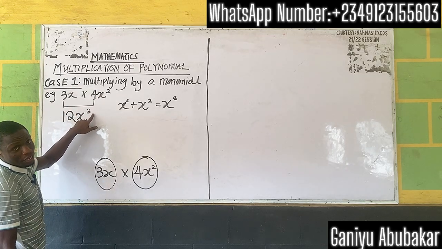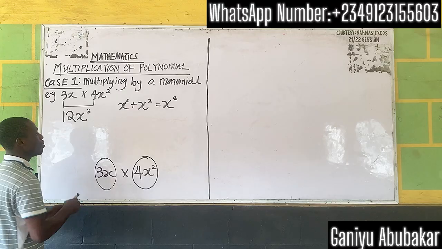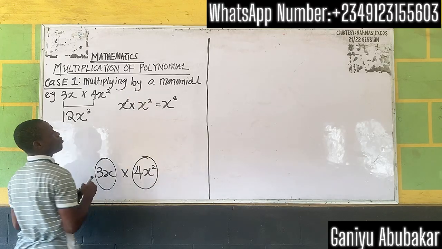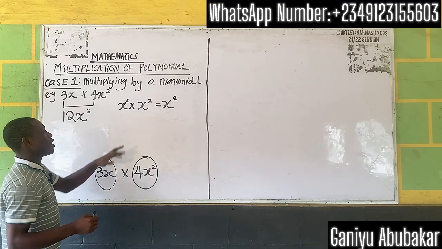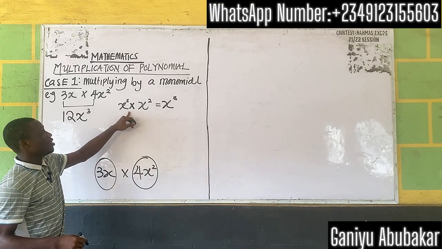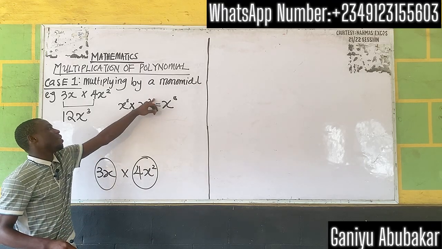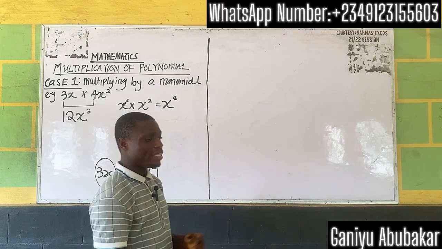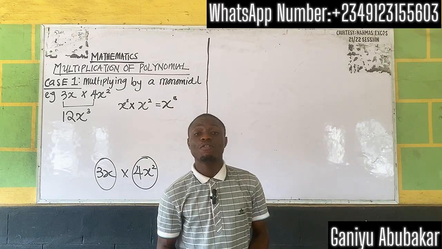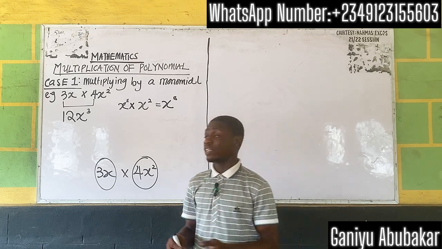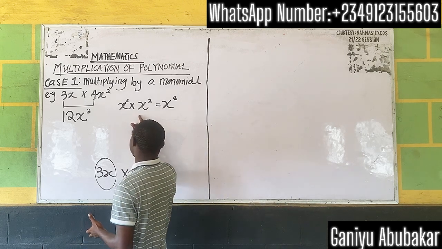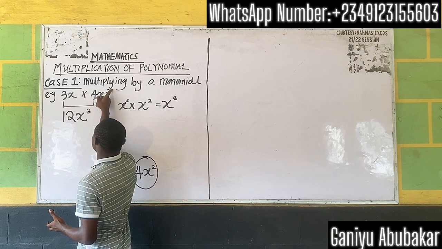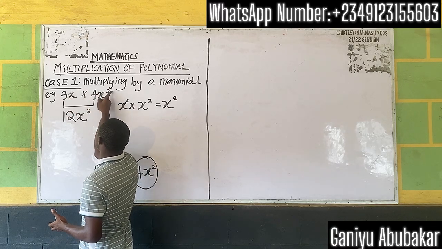This is how you solve the problem. It follows the indices law, the multiplication law of indices: when multiplying, you add the power. So 3 times 4 gives you 12, x times x squared, add the power, 1 plus 2 gives you 3.